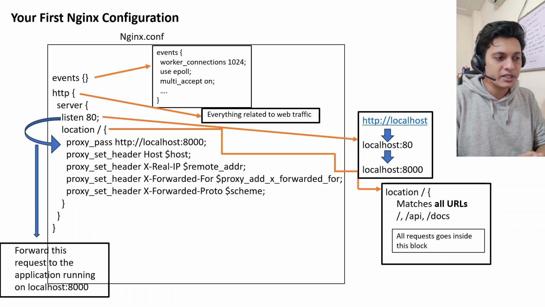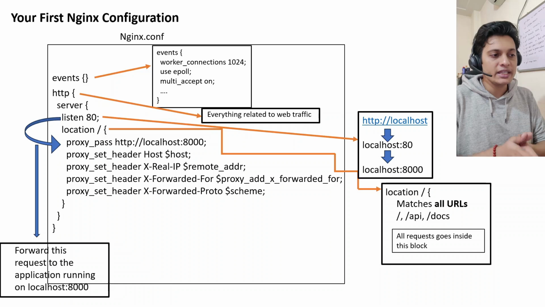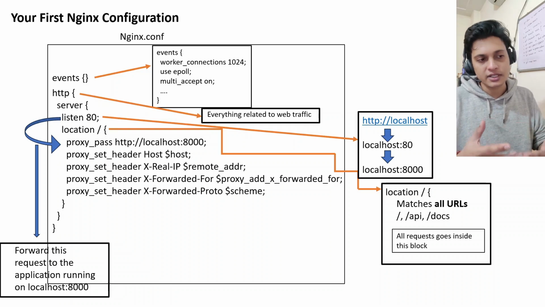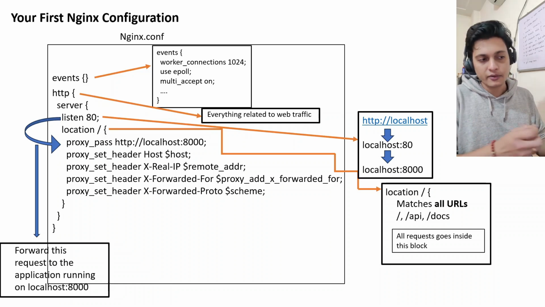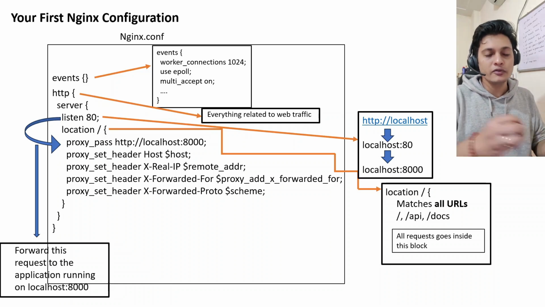So this HTTP will contain the server. The server provides information about the servers where your application is hosted. Let's say there are some worker nodes hosting your application. So whatever data is coming should be routed to the right service.